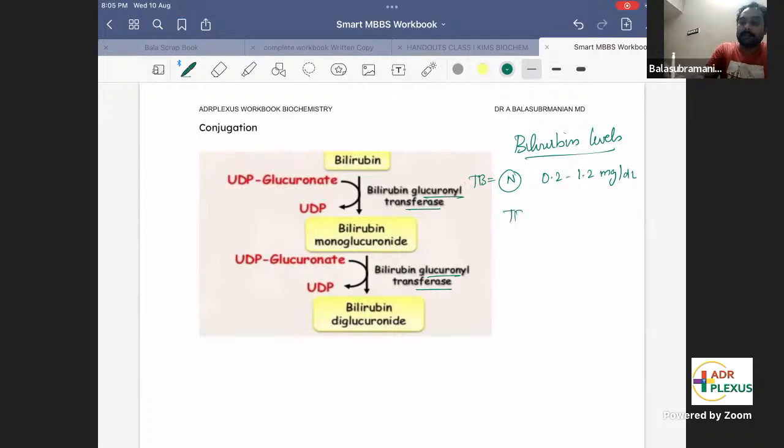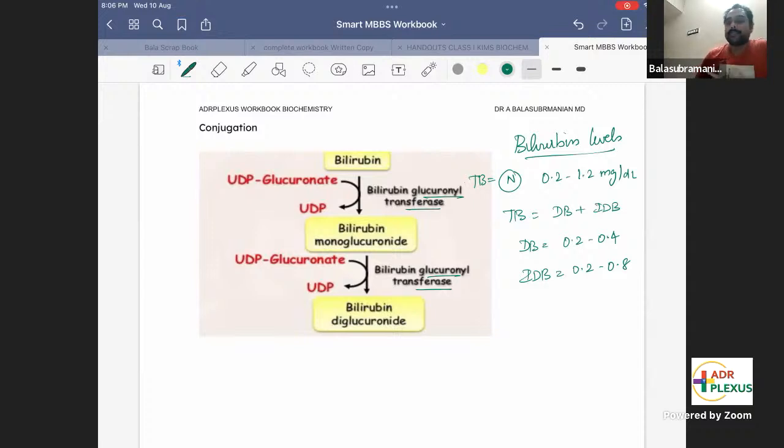This total bilirubin is made up of 2 things, as you all know: direct bilirubin plus indirect bilirubin. Direct bilirubin is 0.2 to 0.4. Indirect bilirubin is 0.2 to 0.8. So indirect bilirubin is always on the higher side.